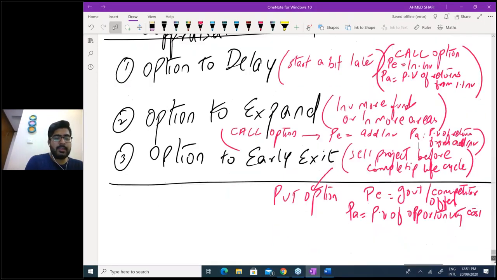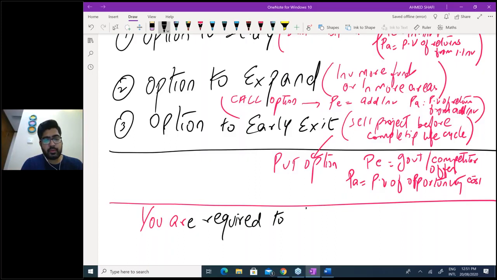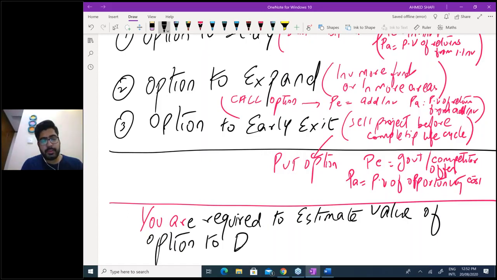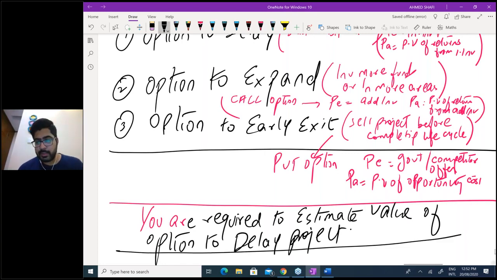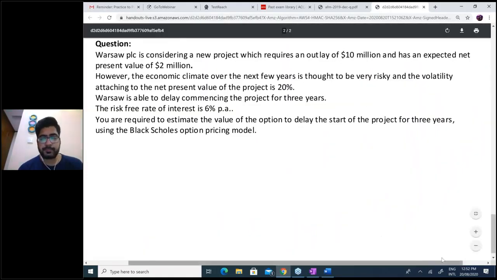Now, in this question, the requirement states: you are required to estimate the value of option to delay project.